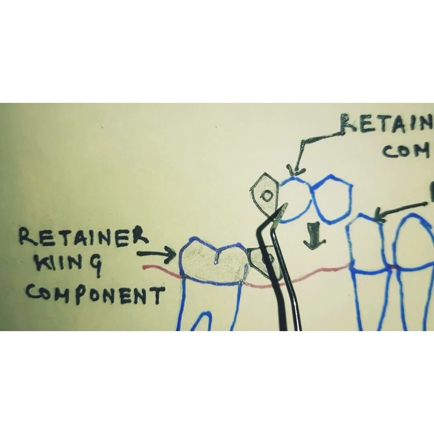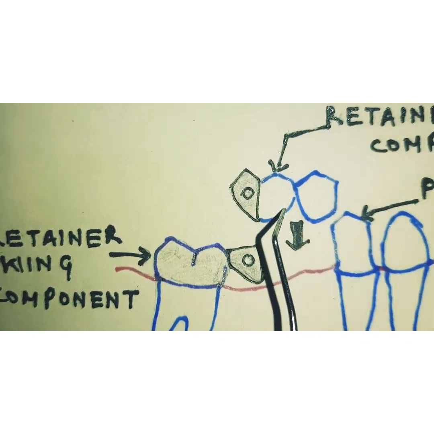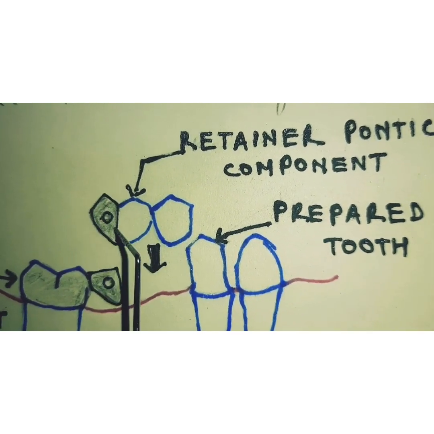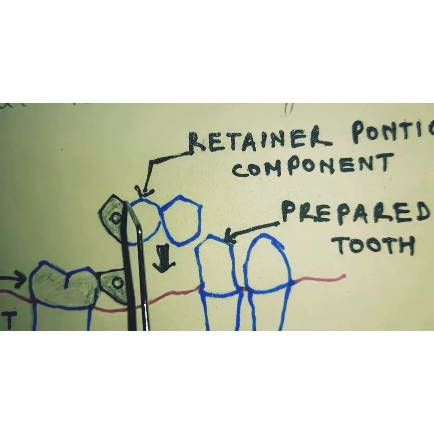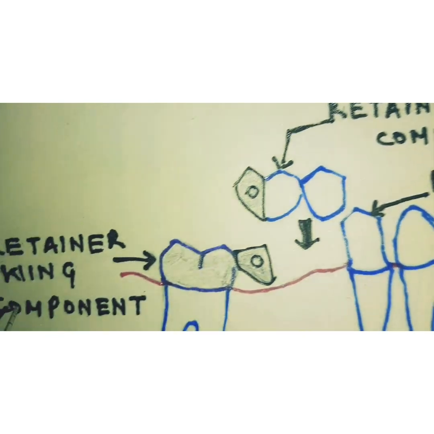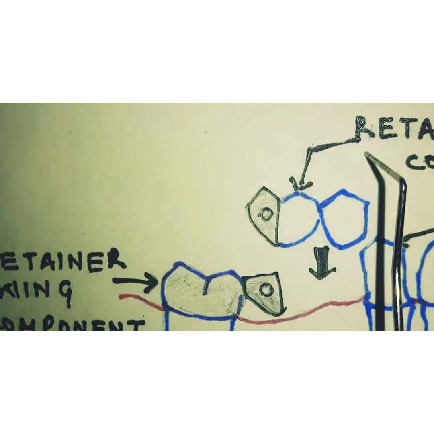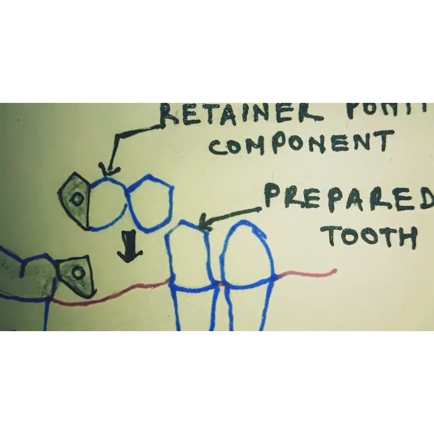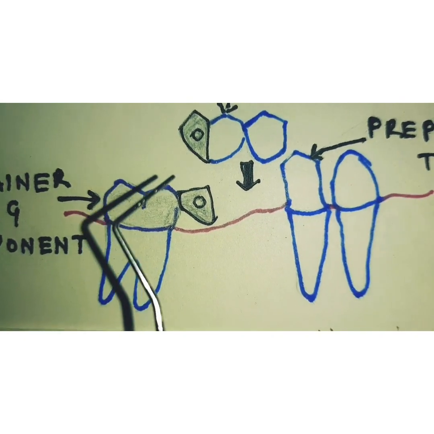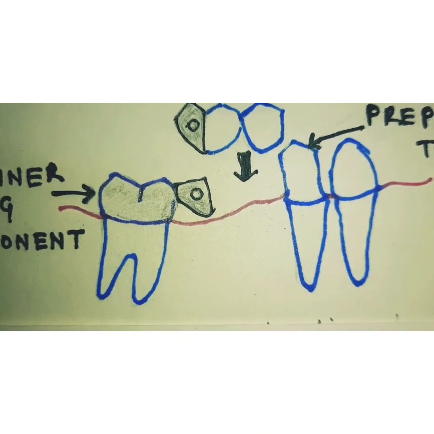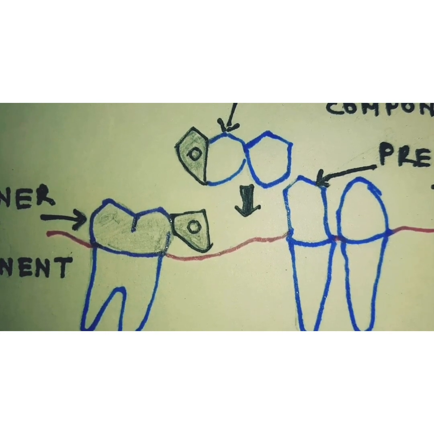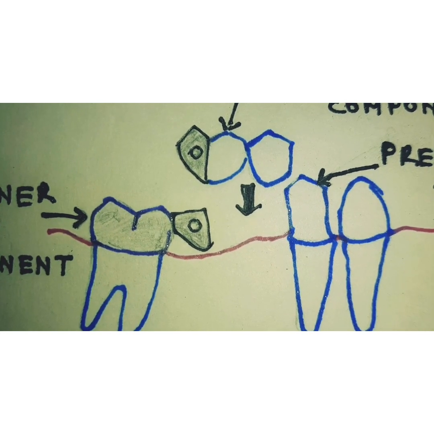So this is part of the pontic, which will be the distal part, and here you have the retainer pontic component, which is again having another part which is the distal part. So you have the retainer wing component and you have the retainer pontic component. This wing is fabricated in such a manner that it is parallel to the mesial abutment, aligning with the long axis of the mesial abutment.